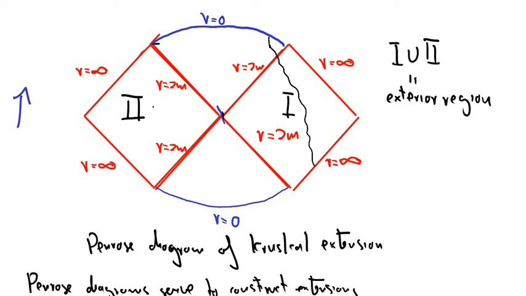And the same happens for any observer which starts in region 2. So the bottom line is that an observer which leaves either region 1 or 2 and enters these other regions, which we will call region 3 and region 4, then he can no longer return to region 1 or 2.